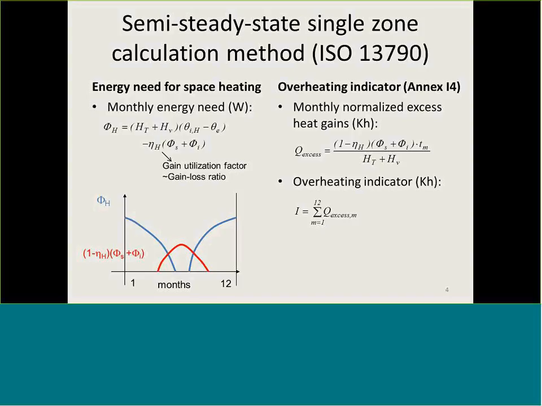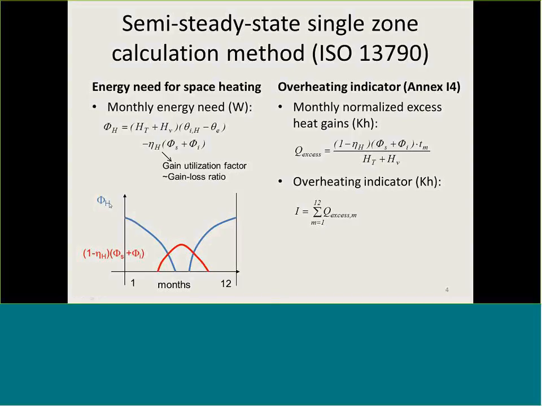So to assess which fraction of the heat gains, both solar heat gains and internal heat gains, is useful to reduce space heating, the gain utilization factor is defined, which depends on the monthly gain-loss ratio.